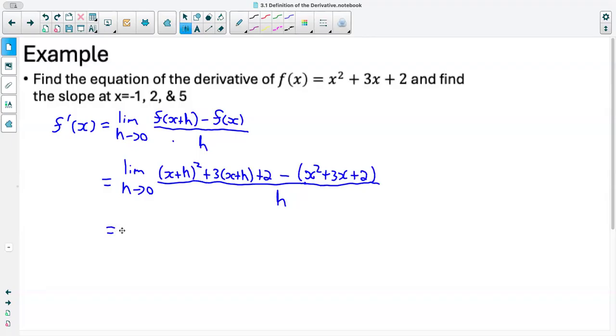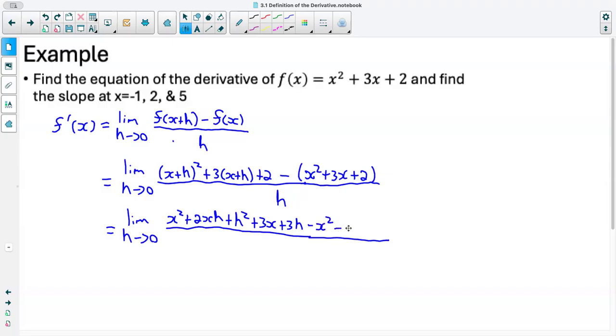So we'll go through and start simplifying this. So we've got our limit as h goes to 0 of x squared plus 2xh plus h squared plus 3x plus 3h minus x squared minus 3x, and I realize I once again made a small mistake because essentially I expanded this out here.